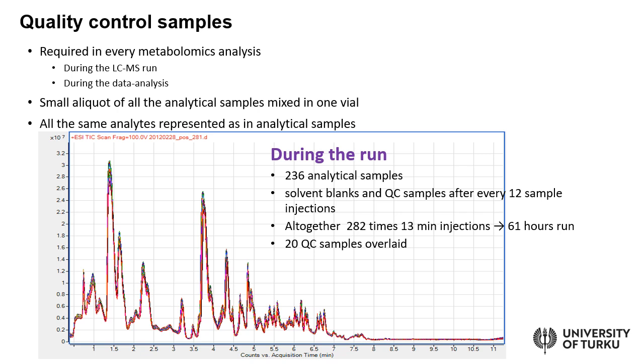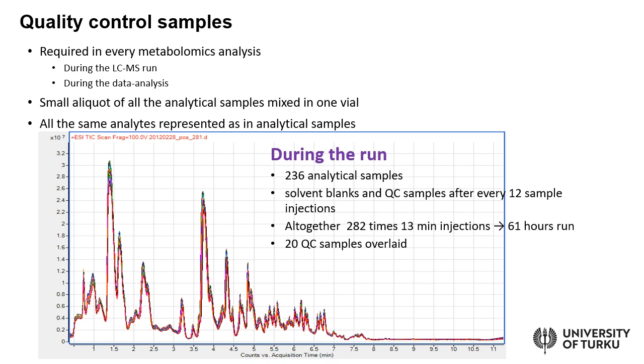So typically a quality control sample is such that when you have done the metabolite extraction of all your analytical samples, you take a small aliquot from all the analytical samples, let's say 10 microliters from each of the samples, and you mix those in one separate vial. And that mixture of all the analytical samples is then used as a quality control sample of your current metabolomics analysis.